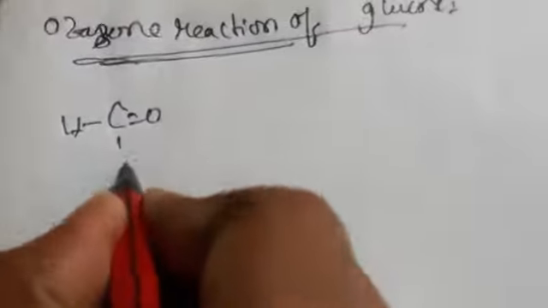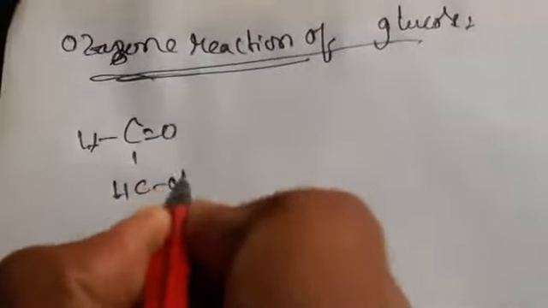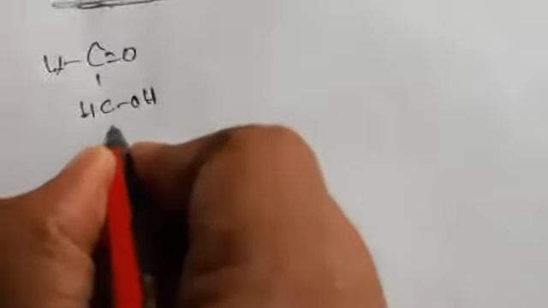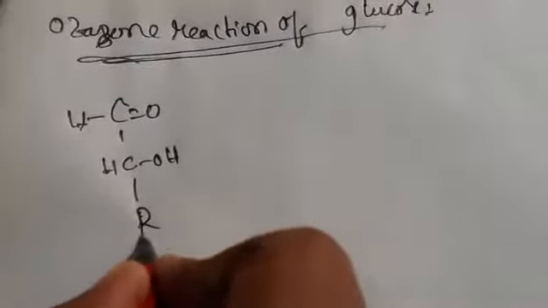See here, C double bond OH, CHOH, remaining all I am keeping as R. Okay, so the remaining molecule I am keeping as R.